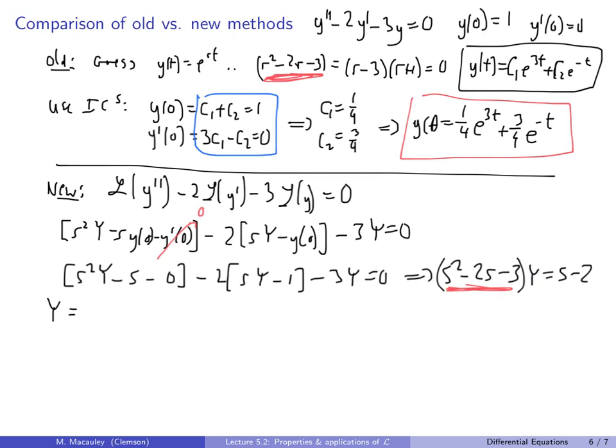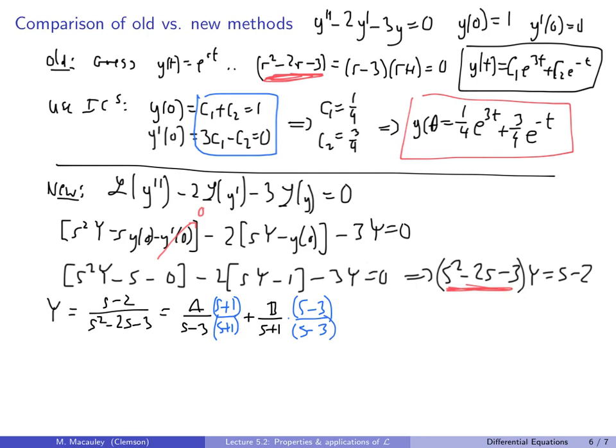Okay, so noting that, moving on, let's solve for Y, so we divide through by this, and we get Y equals s minus 2 over s squared minus 2s minus 3. We want to write this using partial fractions, so A over s minus 3 plus B over s plus 1. And now we need to multiply s plus 1 over s plus 1 over here, and we need to multiply s minus 3 over s minus 3 over here.